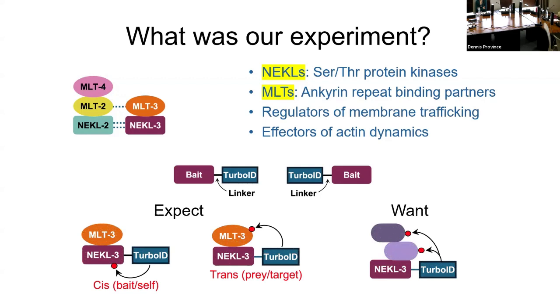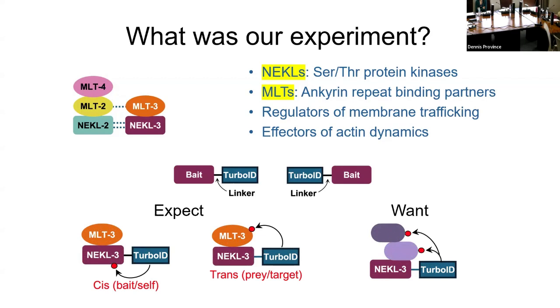So here's the idea. You really expect cis biotinylation or self-biotinylation, right? This is NECL3 with Turbo. It's going to hit itself because it's going to create these unstable bindings, and they're going to immediately attach to lysines on NECL3 itself.